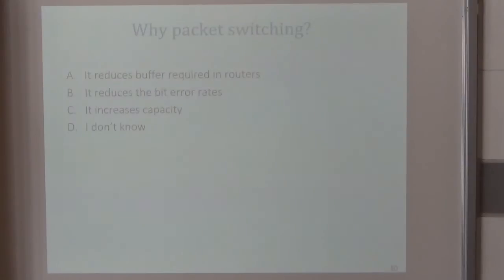Why do you need storage there? Because there are losses. That's a good observation, but it's not the reason. Because routers don't repair losses. If you send a packet and it's lost, too bad. The router will not try to detect the loss and repair it.